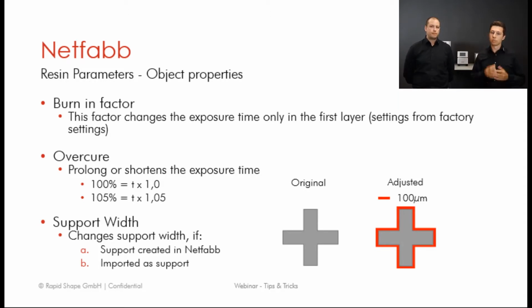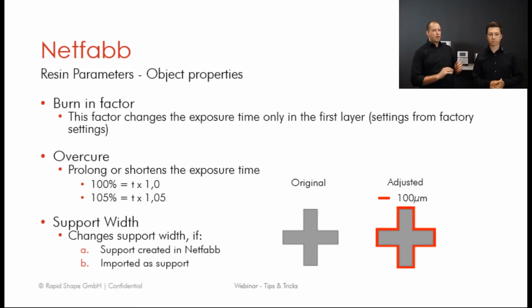So 3 to 10 layers, you can say, that's the burn-in factor. But the overcure is affecting all of these layers. So if you have burn-in higher and you set the overcure also higher, the first layers will be affected by both of these. So be really careful, if you change too much in there, you will have a hard time removing parts from the platform.